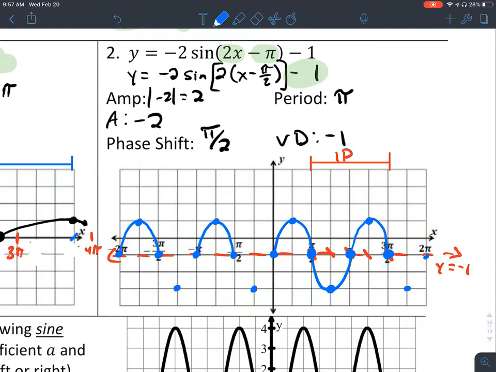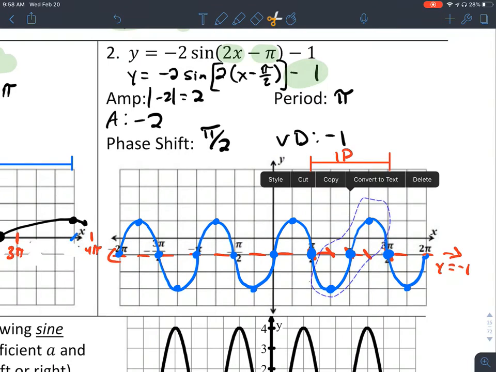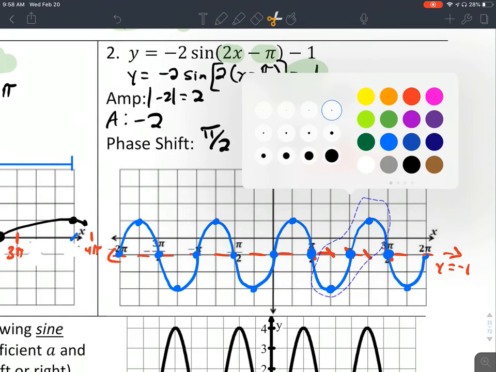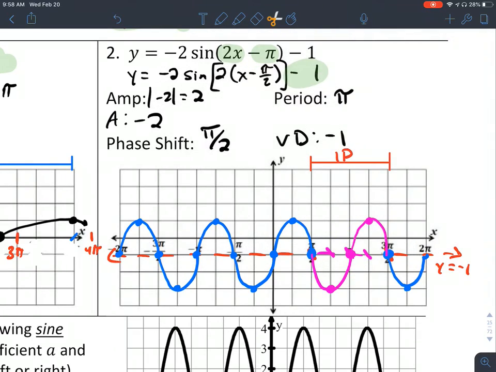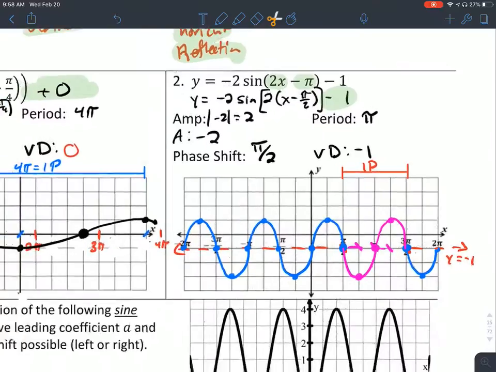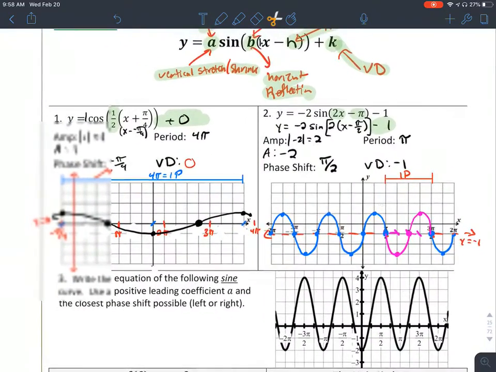If it's below the midline, it's concave up. Just going to change this color so we can see that is 1 period. And then the rest of it is just filling the rest of it in. So not so bad, not so bad.